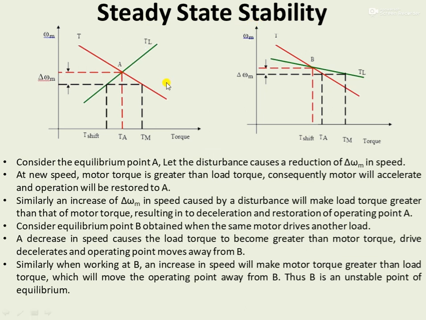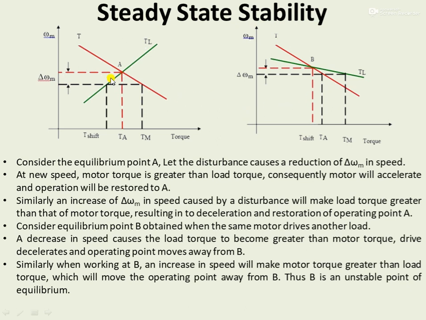Even though due to the disturbances there was a deviation from the equilibrium point, the drive or the motor load system has the ability to bring it back to the steady state, so such a system is said to be a stable one. So we have to obtain the condition for the steady state stability. For that we will consider these two examples.